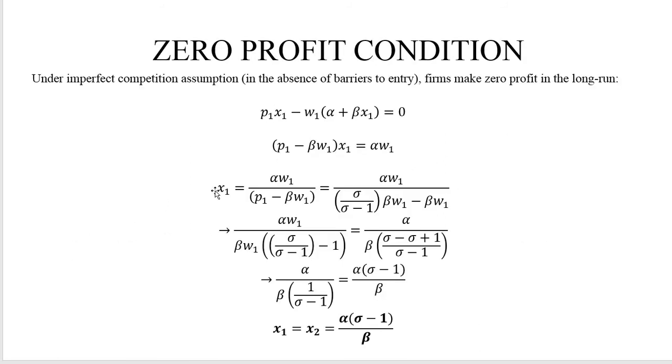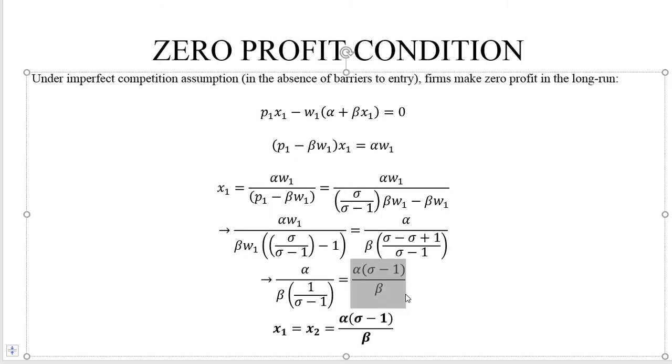So here we can replace P1 with sigma over sigma minus 1 times beta times W1. Here we have it. We can put beta times W1 in front of the bracket. This is what we receive. Then we can simplify this equation a bit. This is what you get. Finally, you rearrange, and this is your final answer.